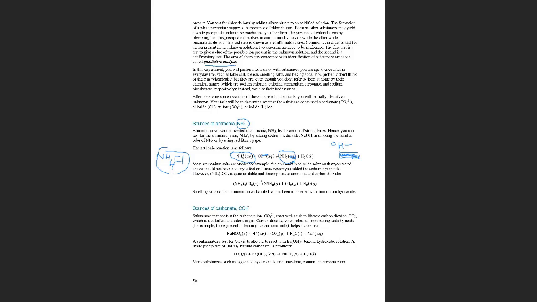Stable means it won't react, it won't form a new product. But if you add sodium hydroxide, you are adding a base, then yes, you are going to obtain the ammonia gas, which is this reaction.